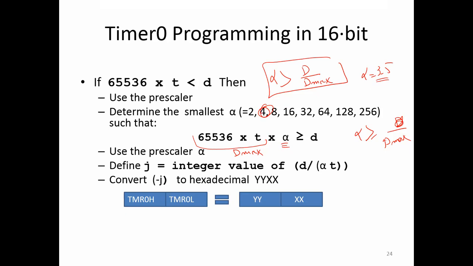Now, if you selected alpha equals 4, how do we find the number of counts?